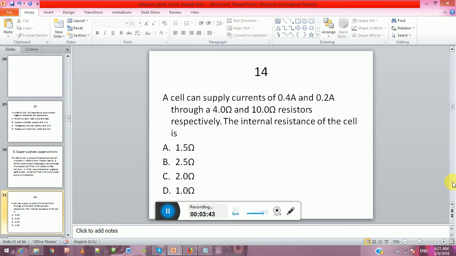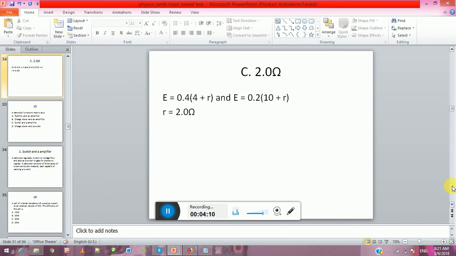A cell can supply currents of 0.4 amperes and 0.2 amperes through 4.0 and 10.0 ohm resistors respectively. The internal resistance of the cell is A. 1.5 ohms, B. 2.5 ohms, C. 2.0 ohms, D. 1.0 ohms.